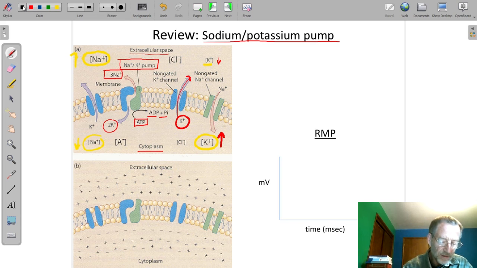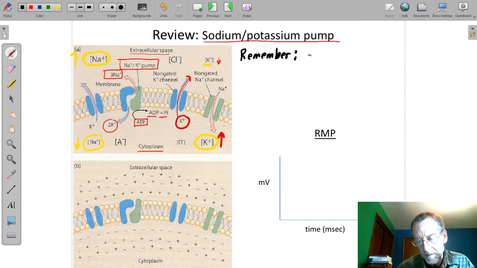So if you can remember, as potassium flows out of the cell, the cell becomes more negative.